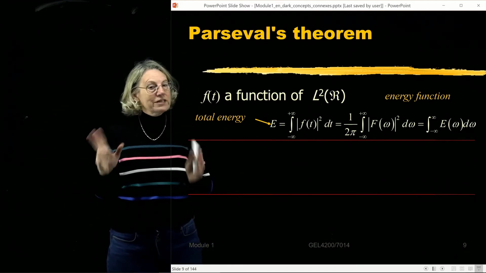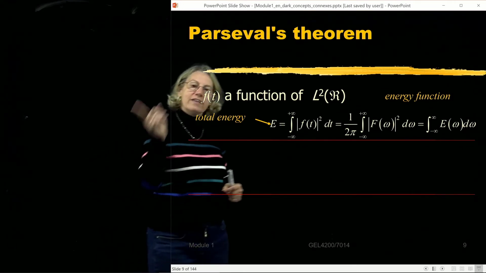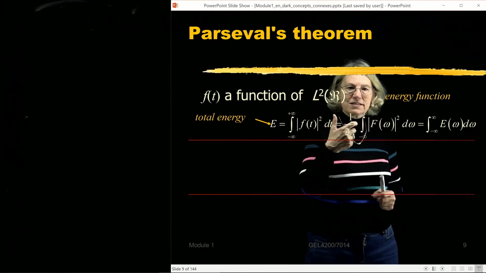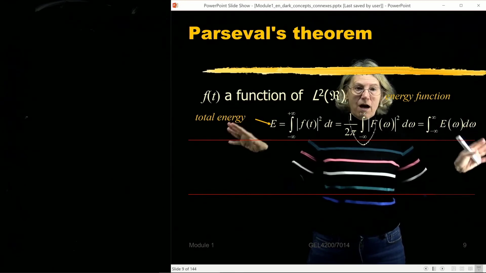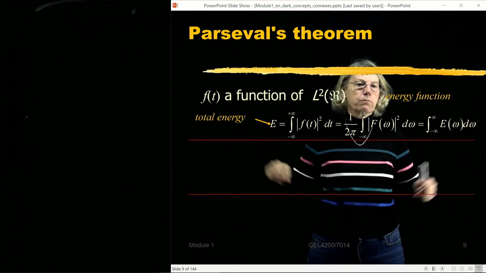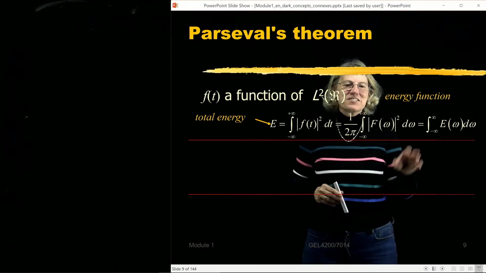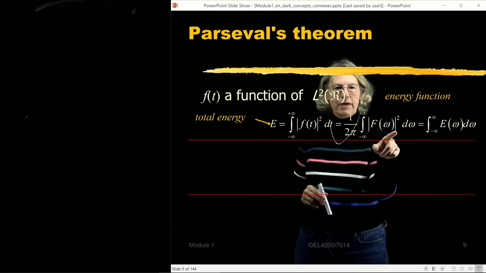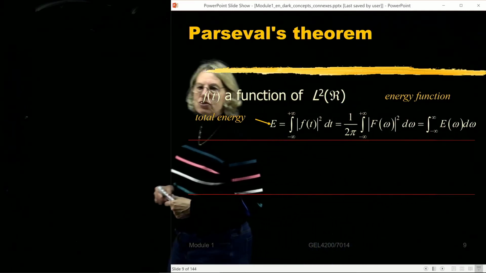But that's not what's really cool about Parseval's theorem. What's really cool is that in the frequency domain I interpret this as a way of looking at how the energy is distributed among different frequencies. Very, very important concept. So I take the thing under this integral, the modulus squared of F of omega divided by 2 pi, and I call that the energy density.